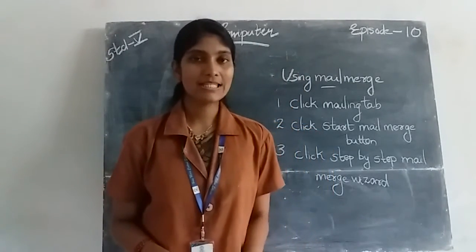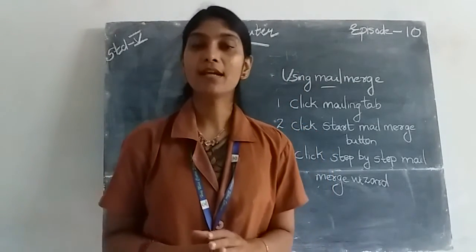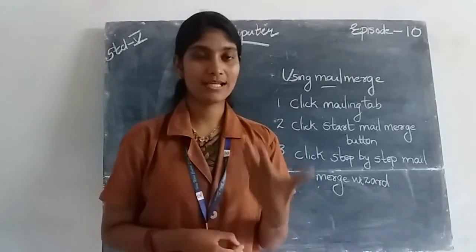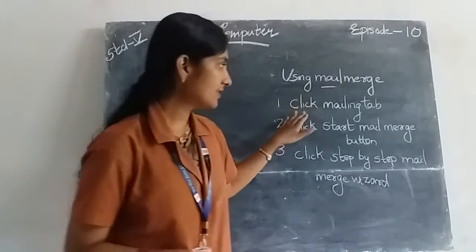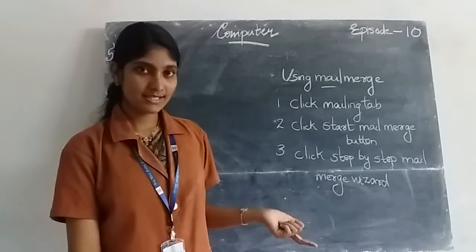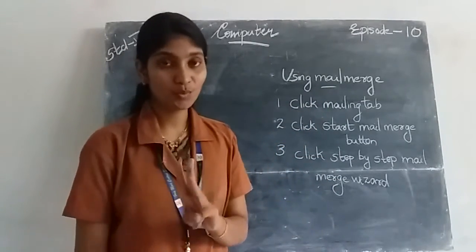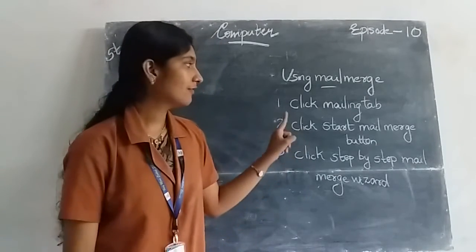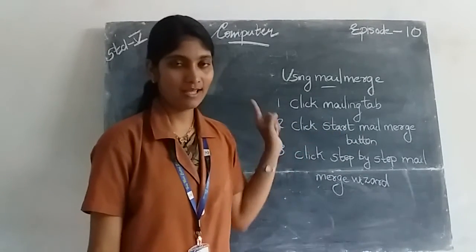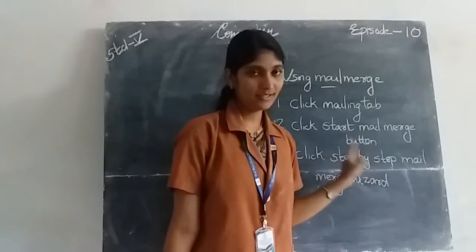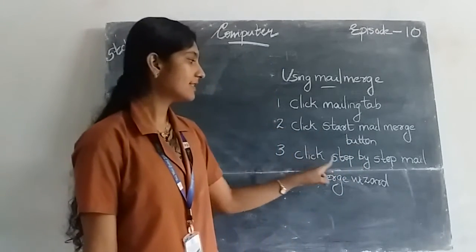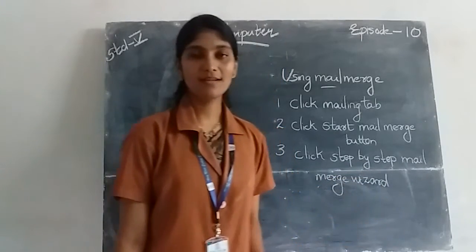Then next is to select the document type. Before selecting the document type, we have to do 3 steps. First, click the mailing tab. Then click the start mail merge button. Third step, click step by step mail merge wizard.